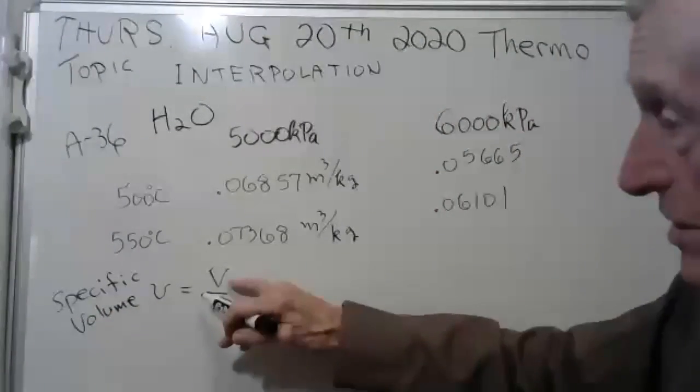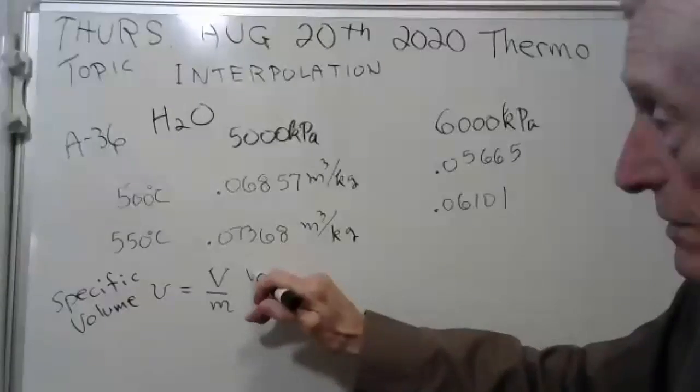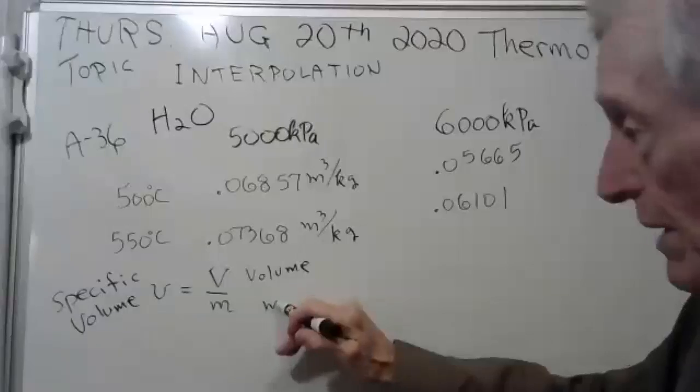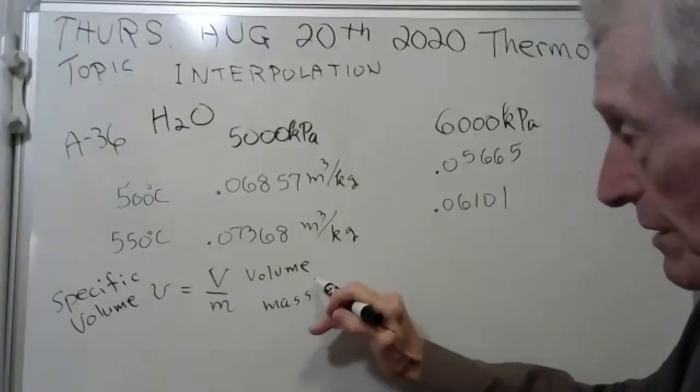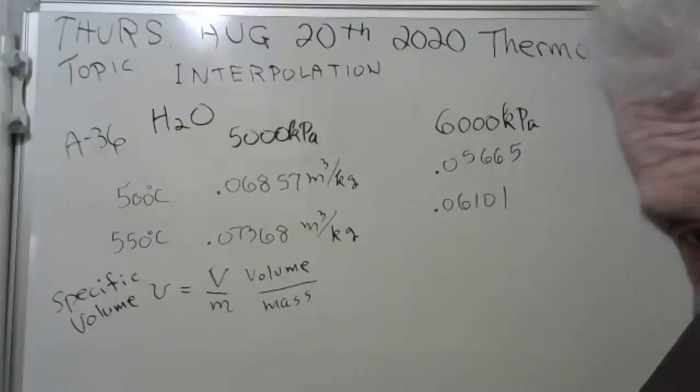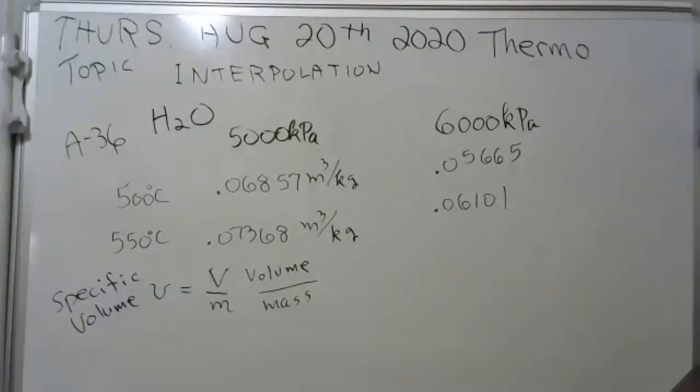This V stands for volume, and that little m stands for mass. If you take your volume and divide by your mass, you get the specific volume.